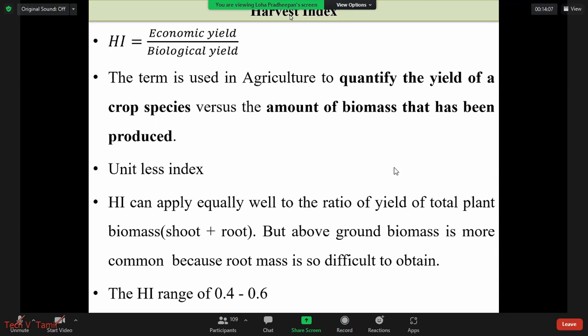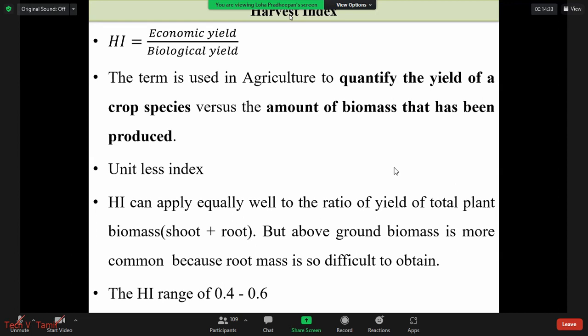Even in a harvest index calculation, for the whole plant, the biological part, we have to incorporate the root also. But because it is difficult to obtain the root, we are neglecting that. But the biological yield means we have to calculate the weight of the whole plant.